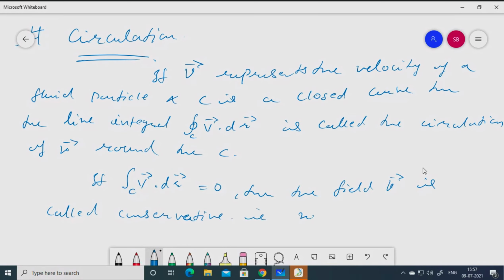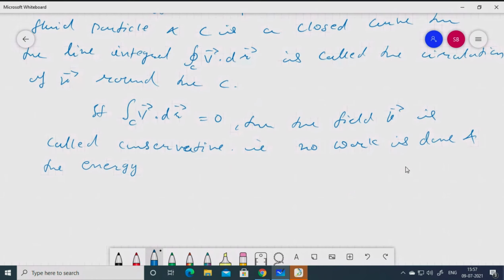That is, no work is done and the energy is, these all things we have already learned in physics, I think. Learned or not? Energy is conserved. Okay. Understood?